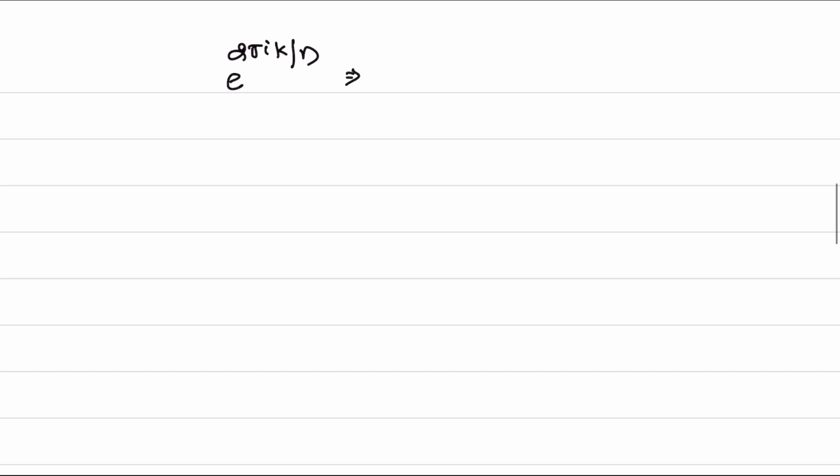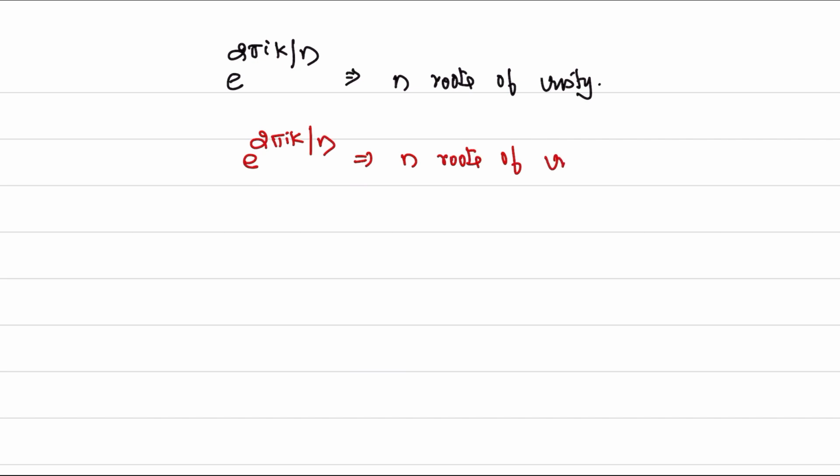That means e to the power of 2 pi i k by n represents n roots of unity.